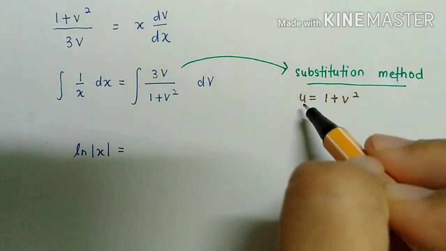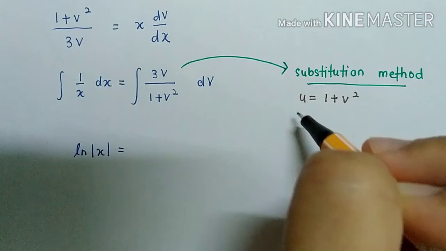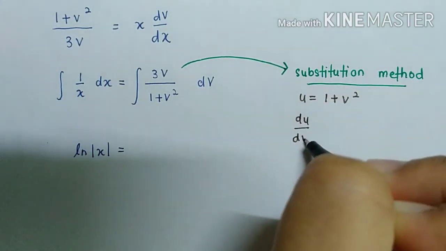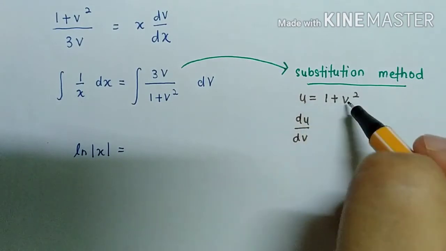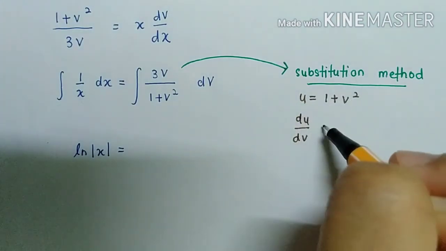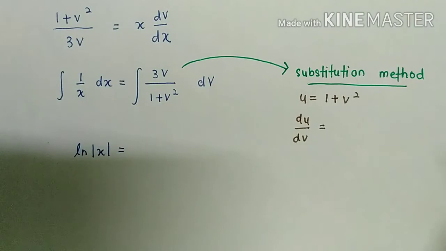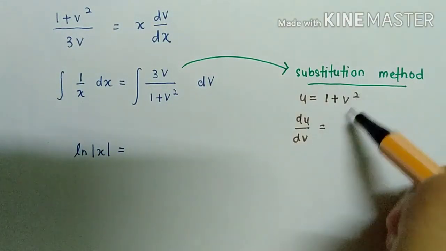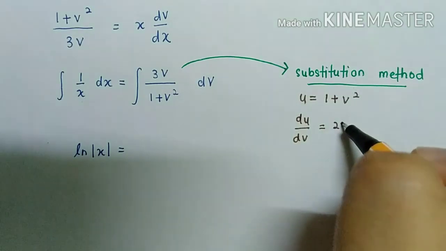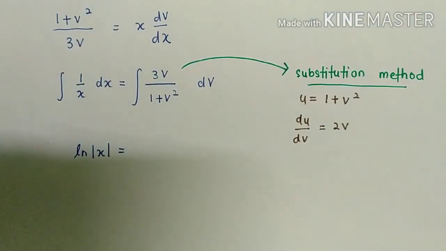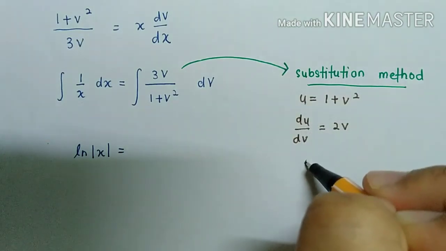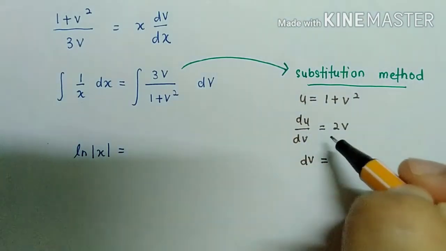And then we have u in terms of v, so we can find du over dv. So du over dv is equals to, we differentiate 1, we get 0, and then we differentiate v squared, we get 2v.